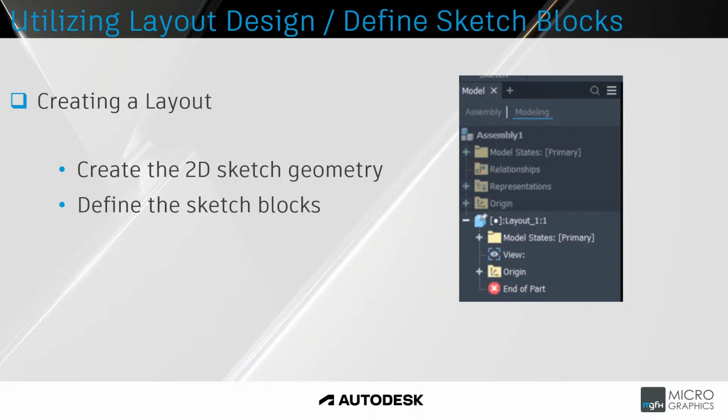Some of the usage is each component in the assembly is defined as a separate sketch block, and sketch blocks can include other sketch blocks, creating nesting sketch blocks to define sub-assemblies. That is when you have two parts that always has to move together or work together. Then you can create a nested sketch block.